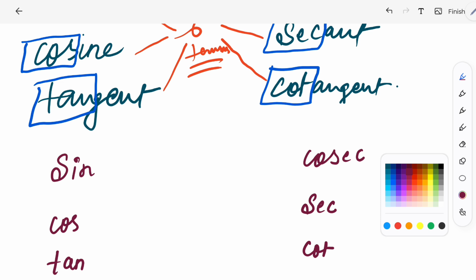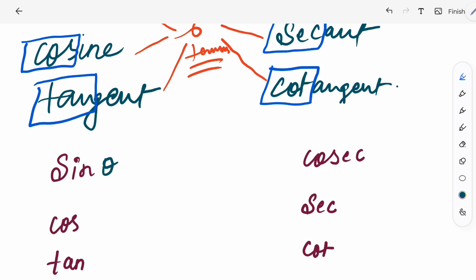Then your question must be, sir, why are you discussing this? Yes, students, I am discussing that sin alone is meaningless. But how can it become meaningful? It becomes meaningful when you use theta. Now, what is the meaning of theta? Theta is an angle. In any triangle, if you are indicating any angle, that angle will be theta.